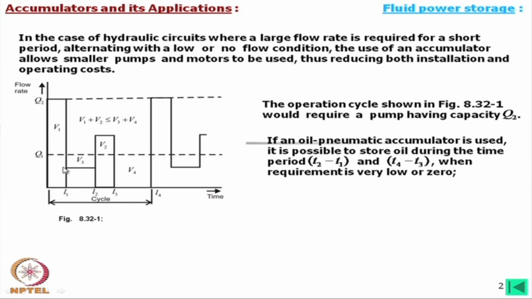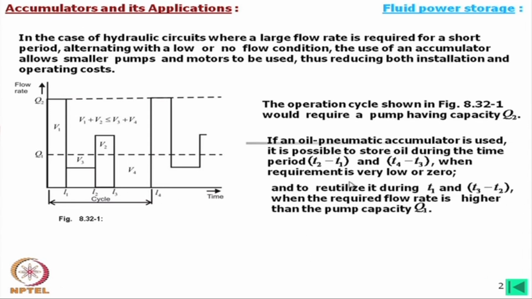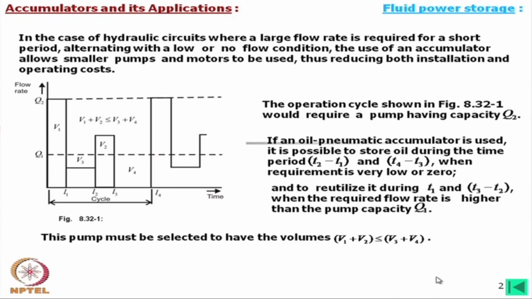As I have already explained, when the requirement is very low or 0, we store, and reutilize it during the periods T1, T3, T2, when the required flow rate is higher than the pump capacity Q1. This pump must be selected to have the volumes V1 plus V2, which is again less than V3 plus V4. So, the average capacity is calculated in this way.